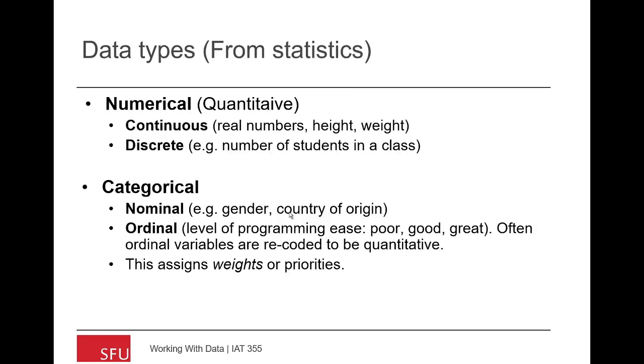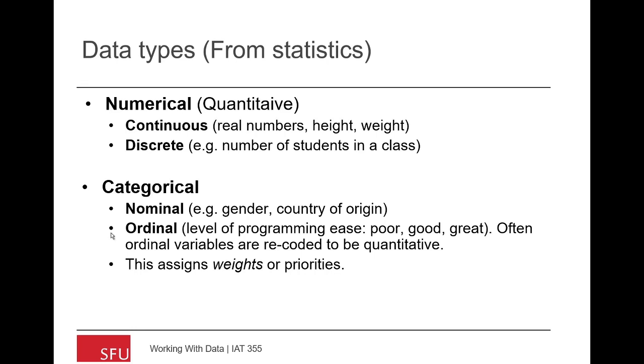Okay, another similar suite of categories from statistics is numerical and categorical data. So numerical is quantitative, just as you expect, and it's further divided into 2 values: continuous, which is real numbers, just like the ratio data we have just finished talking about, and discrete, and that's the countable things, the interval information.